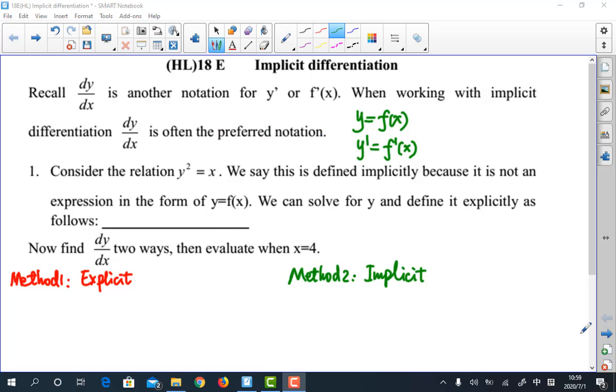Let's use a very easy example to show the difference between the explicit differentiation and implicit differentiation. Let's consider the relation y squared equals x. We say this is defined implicitly because it is not an expression in the form of y equals f of x, because this is y squared equals x.